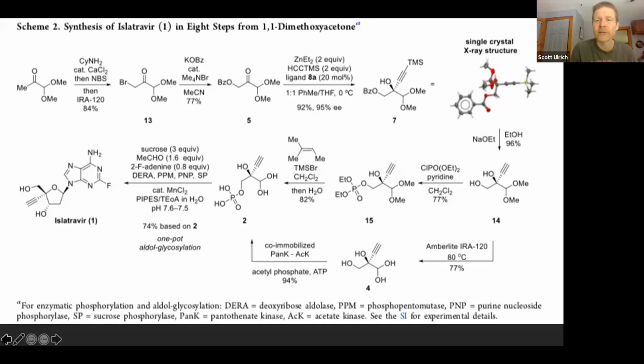So that's the key reaction using zinc. They don't really talk about how the zinc works, but I imagine that you make a carbon-zinc bond with the alkyne carbon, and then that activates it to be a nucleophile.